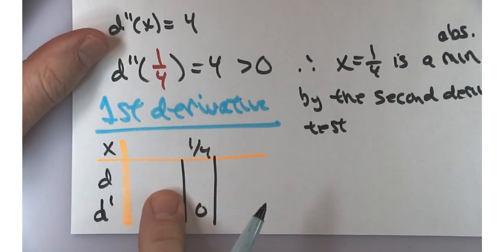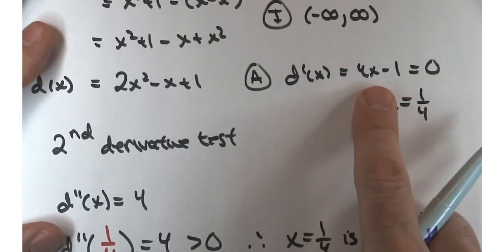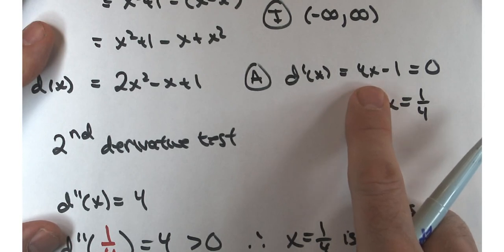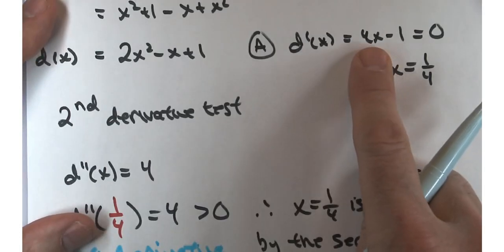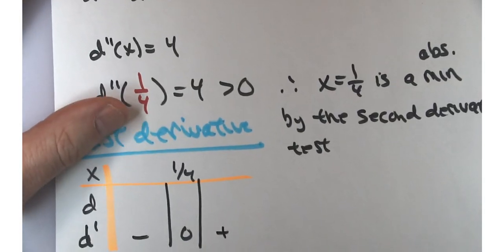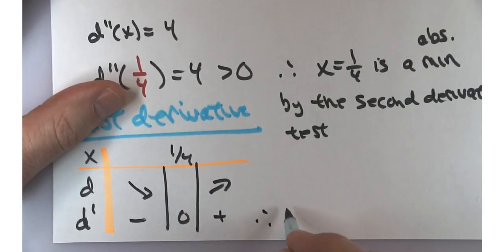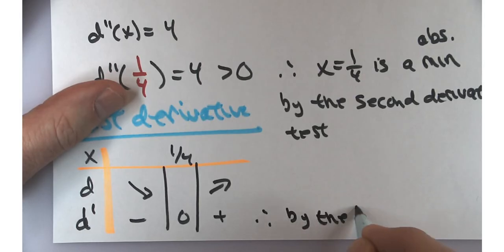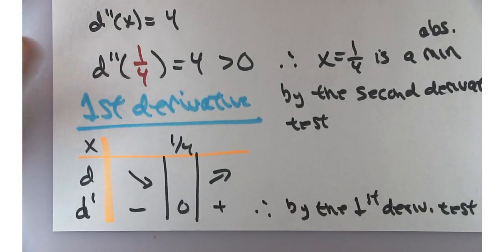Now if I pick a point to the left of 1/4, maybe 0's to the left of 1/4, what's going to happen if I put in a 0 here? I get -1. Basically, I get something negative. Something to the right of it, like 2, 8 minus 1. All right, well, that's going to be positive. So it's decreasing, then increasing. So therefore, by the first derivative test, x equals 1/4 is a minimum.